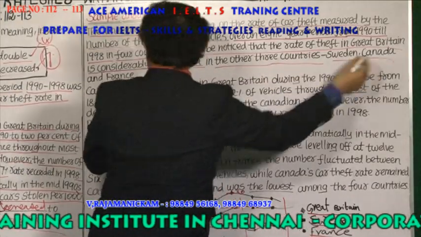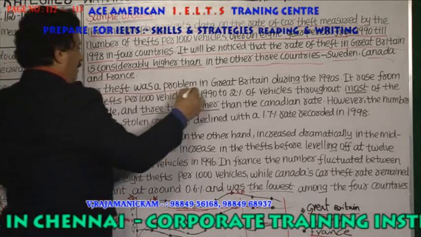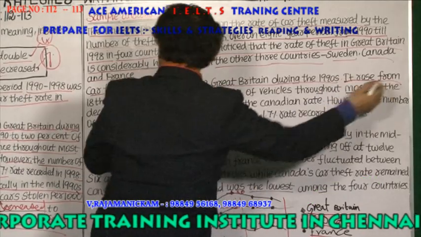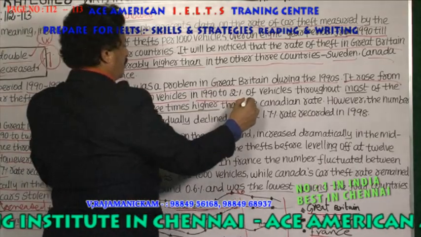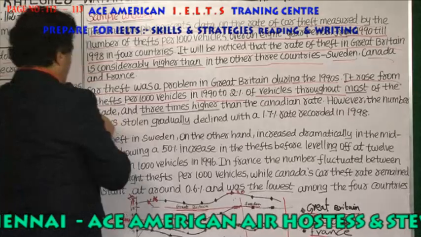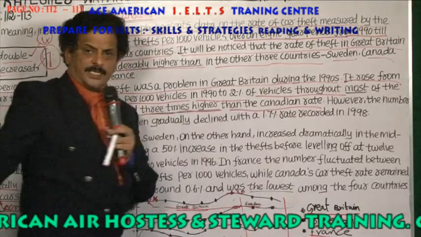Those are Sweden, Canada and France. So car theft was a problem in Great Britain during the 1990s. It rose from 18 thefts per 1,000 vehicles in 1990 to 2% of vehicles throughout most of the decade, and 3 times higher than the Canadian rate.